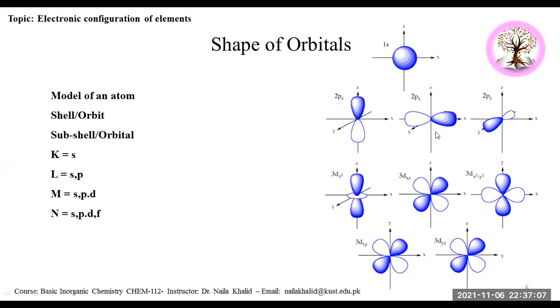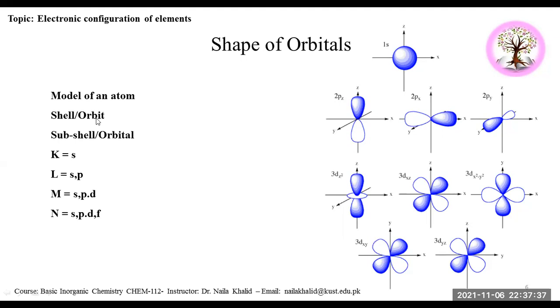These are px, py, and pz, three p orbitals, and here are the d orbitals. There are 1, 2, 3, 4, and 5, five types of d orbitals. For example, dz square, dxz, dx square minus y square, dxy, and dyz.